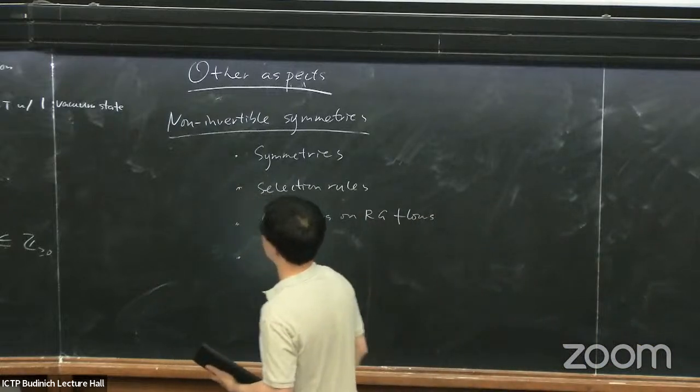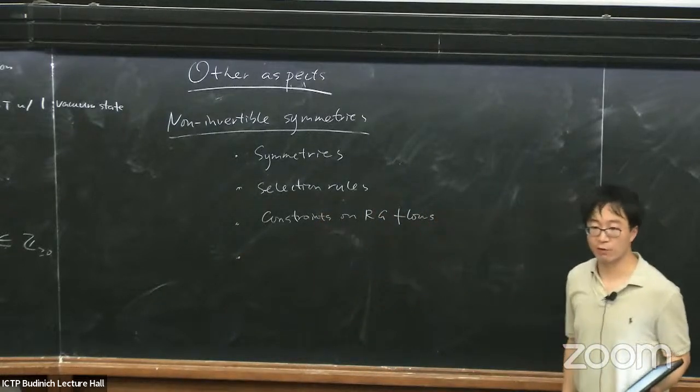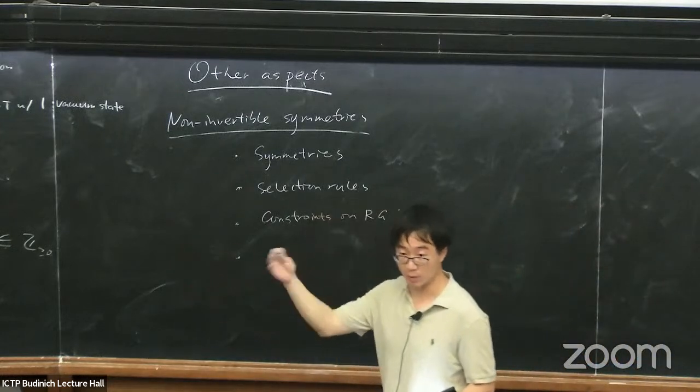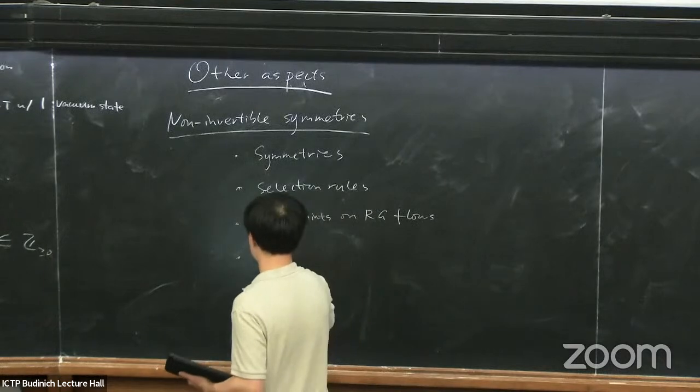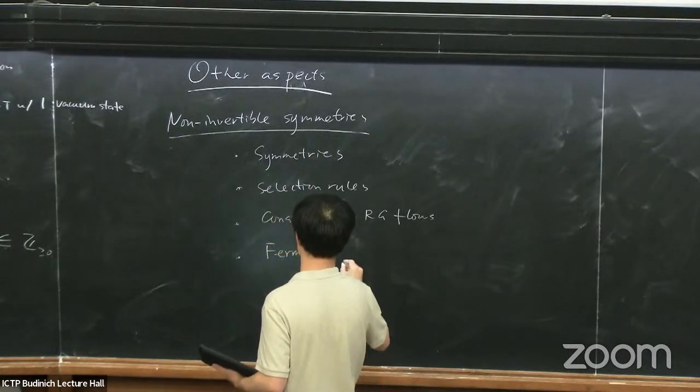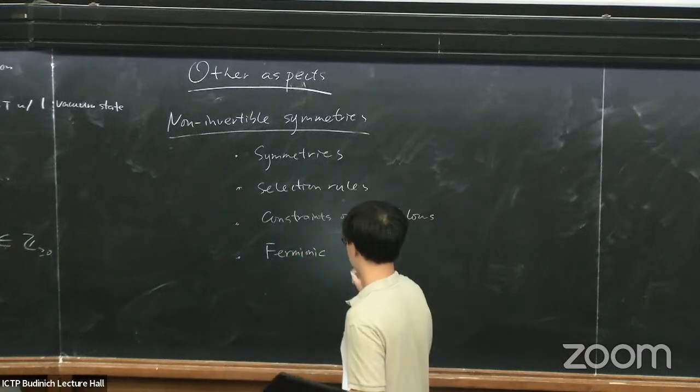What I didn't discuss is that in these lectures, I focused on the bosonic theories and topological defects in the bosonic theories. There are extensions to the fermionic case, just like the extension of bosonic group-like symmetry to the fermionic case, including the fermion parity.